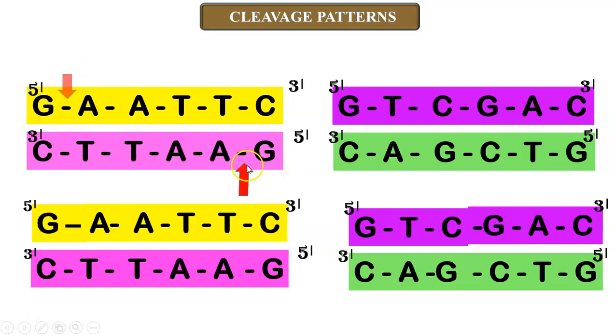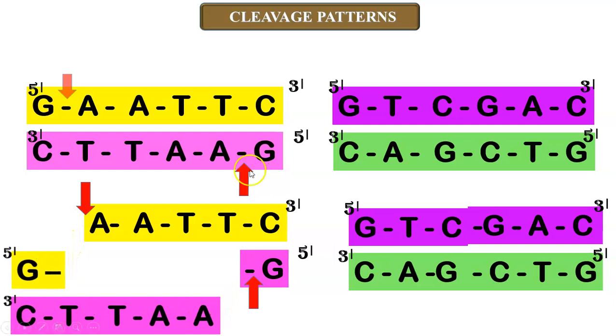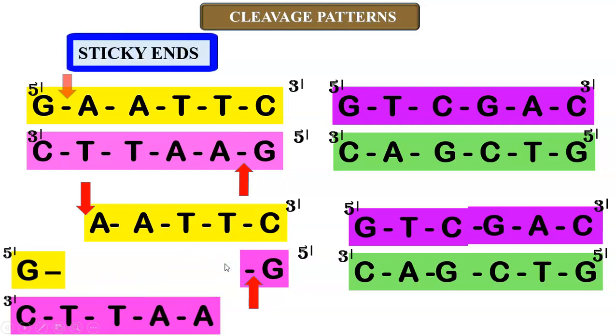It is a staggered cut, and as a result the actual separation of the strand occurs in this manner. Thus there are overhanging pieces of the separated strands where unpaired nitrogen bases are seen. So this kind of cut gives rise to sticky ends.